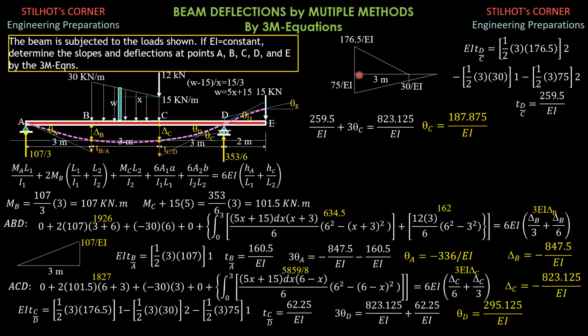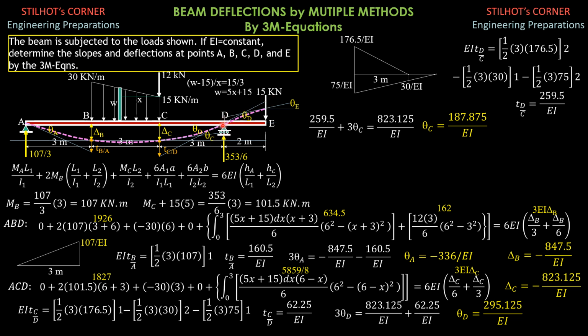And for this bigger triangle, 1/2 of 3 times 75 over EI, moment arm is 1. So computing, it is positive 62.25 over EI. So since it is positive, this is correct because point C in the elastic curve is above the reference tangent. Based on the figure, the tangent at D has a positive slope.